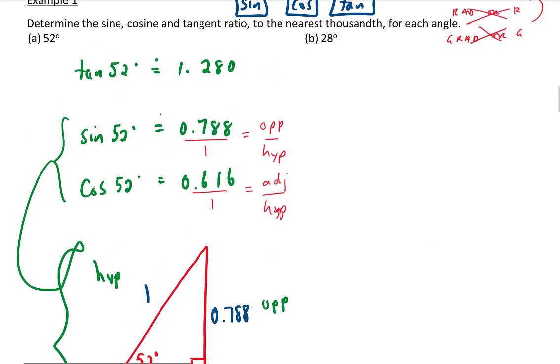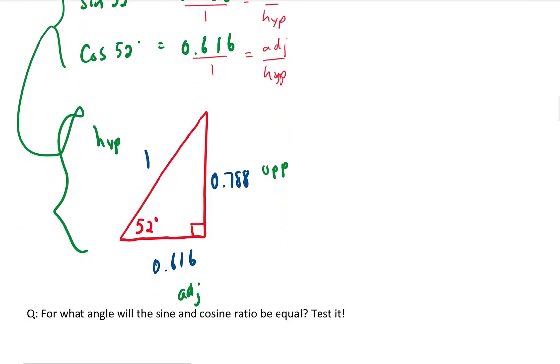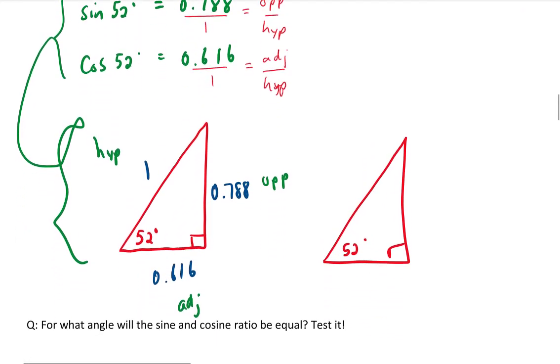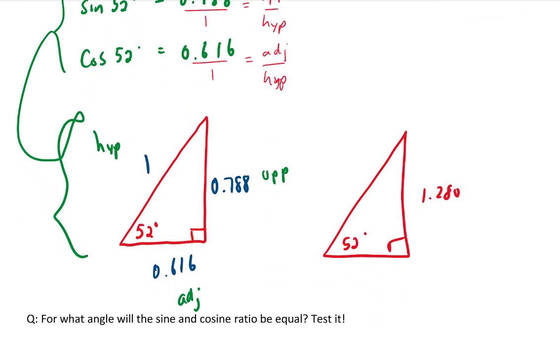The tan is saying that if I take my opposite side, it is 1.280 versus my adjacent side, which is 1. So let's look at what that triangle looks like. It's the same right triangle, 52 degrees, except that tan is saying this is 1.280 and that this is 1. Well, this is actually the same as the triangle we've drawn here on the left.